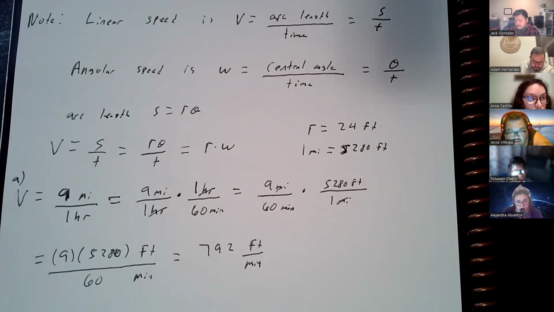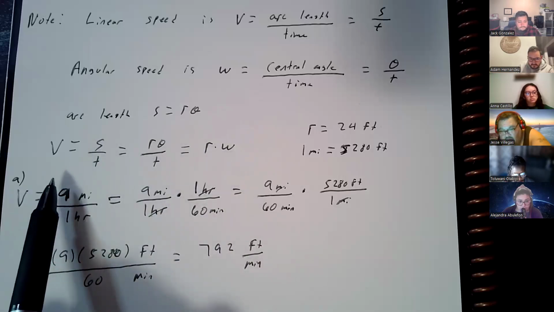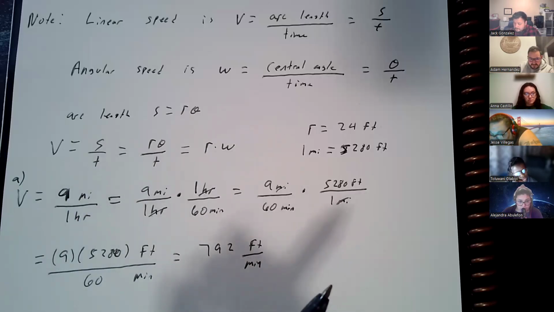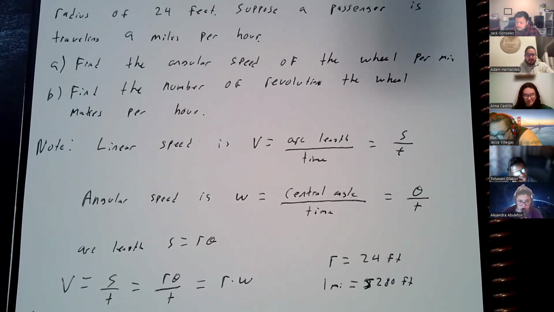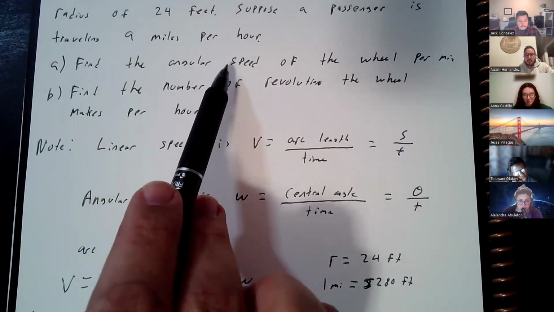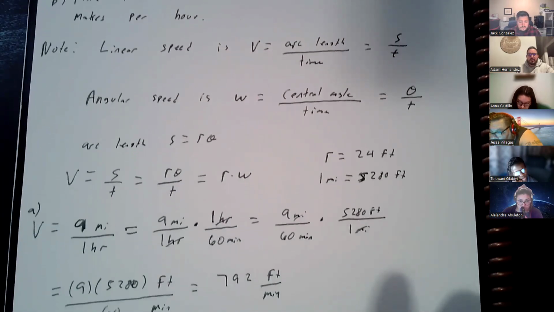What was the question asking for? Which variable? I believe the arc length divided by time. It said find the angular speed, right? Which variable is angular speed? Omega. Yeah, so this omega looking thing is what we need.